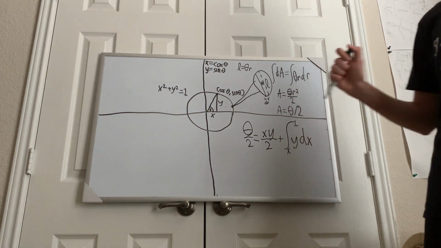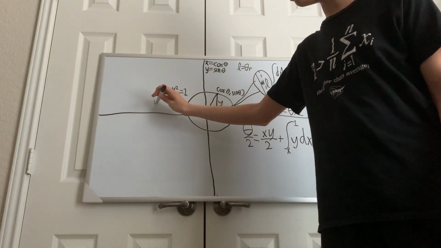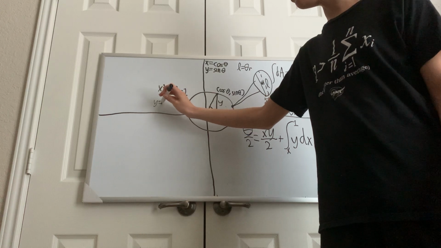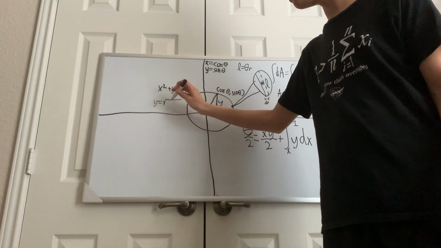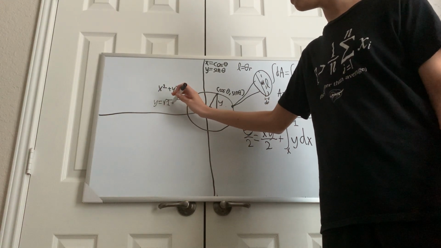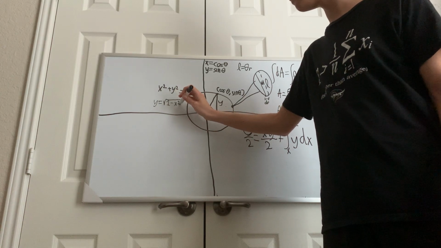And we know from this equation that y is equal to square root 1 minus x squared.